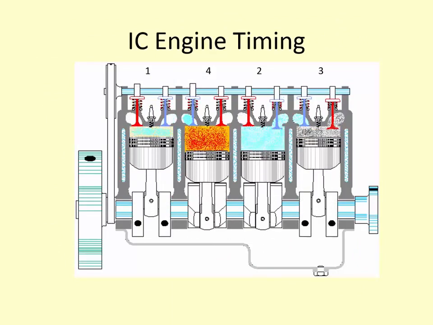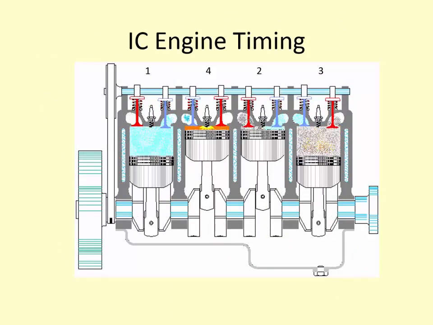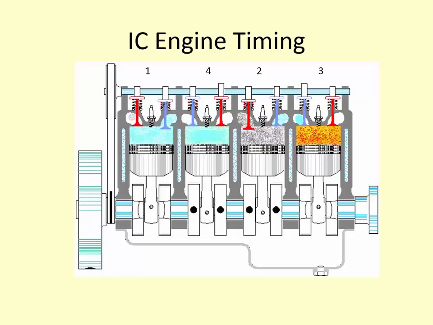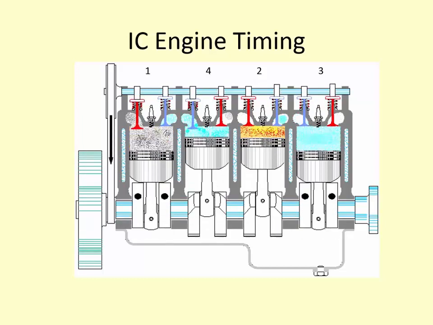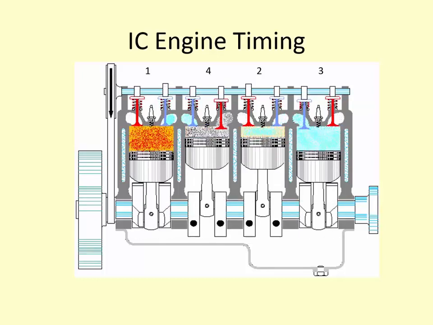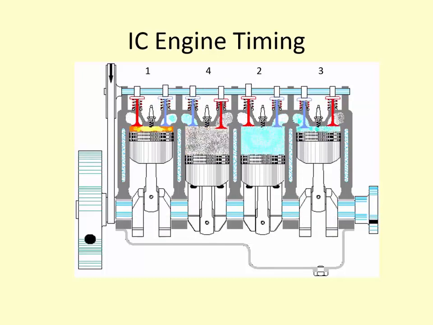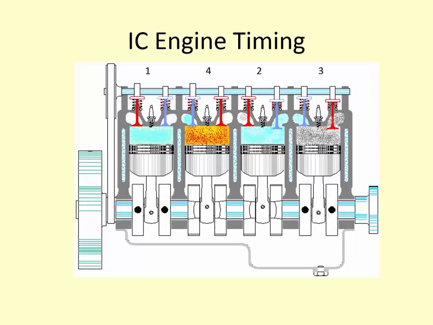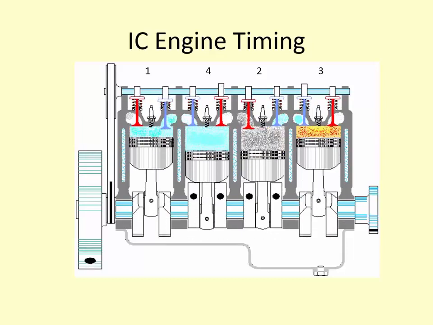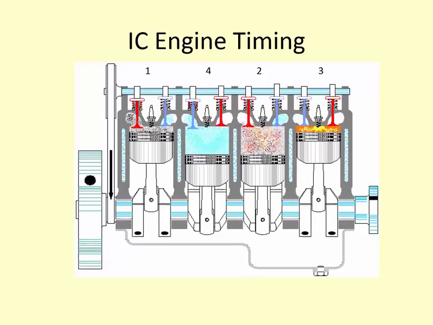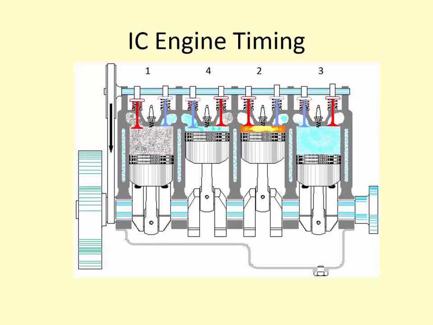Okay, so timing is important in an engine, and you'll notice the cylinders are not all firing at the same time, and they're not firing in order. And why do you think that would be? What would be the disadvantage of those cylinders firing in order? Momentum, right? So then your engine would be like galloping down the road as you're driving.